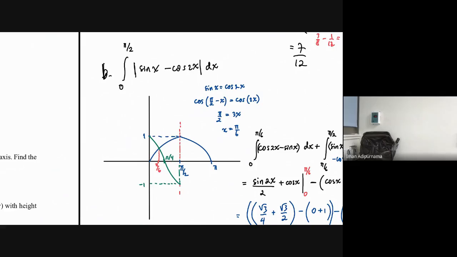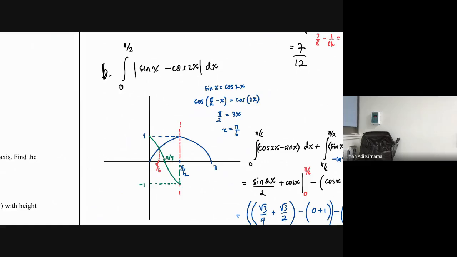the number B. First, draw the graphs correctly, please. Sine and cosine. If you see this absolute value, in terms of sine and cosine, sometimes sine is on the top, sometimes cosine is on the top.